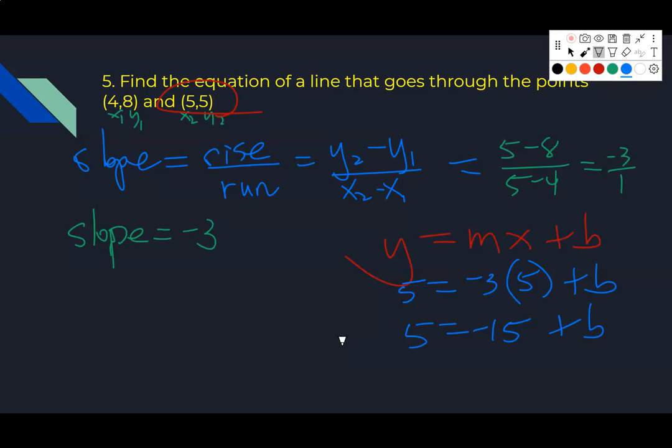And to isolate b, we need to add 15 to both sides. So 5 plus 15 is 20. So our y-intercept is 20. So now the equation of the line is y equals mx plus b. So m, the slope is -3, x plus b, 20.